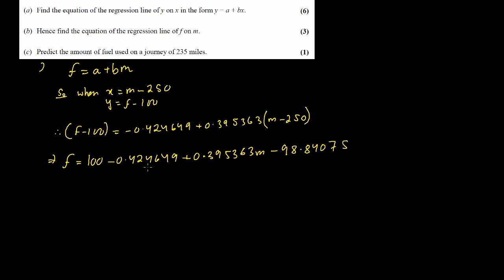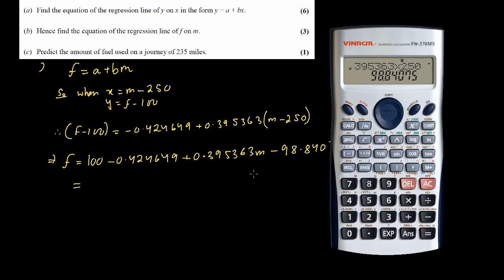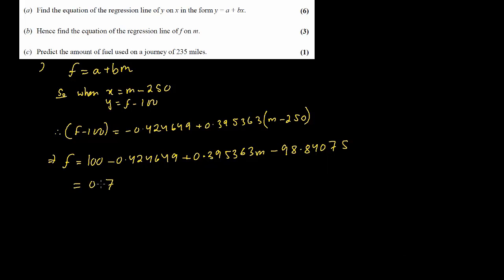So let's calculate it. 100 minus 0.424649 minus, remember this thing is still stored in the calculator, so minus answer, this would equal 0.734601 plus, and this one is going to be the same, 0.395363 m. So this is the equation they were asking for.